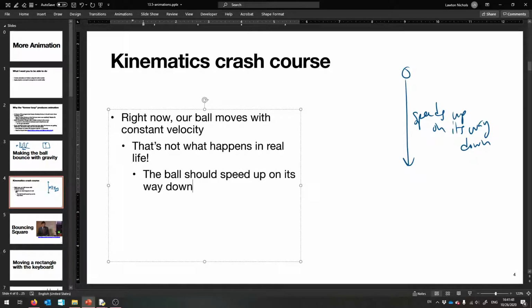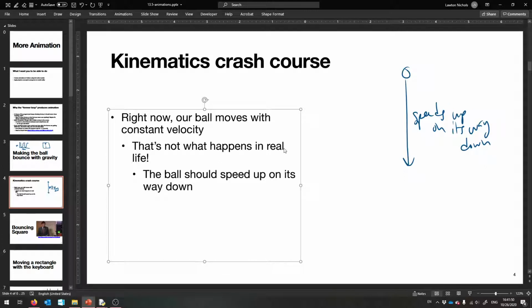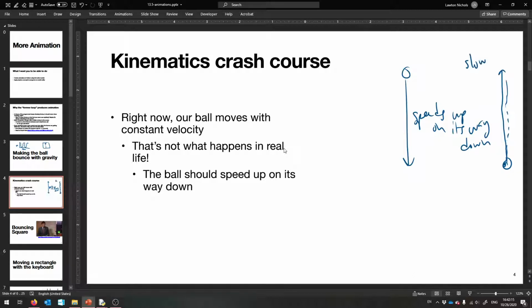And then when it bounces, it should slow on its way up. Okay? When it's bounced off the ground and it's going back up now, it should start going up fast because it's just hit the ground with a lot of energy. And then suddenly that energy gets translated into potential energy, right? Instead of kinetic energy. If you remember any of these terms, if you don't, worry. It's just to help you. So it also slows down on its way up.